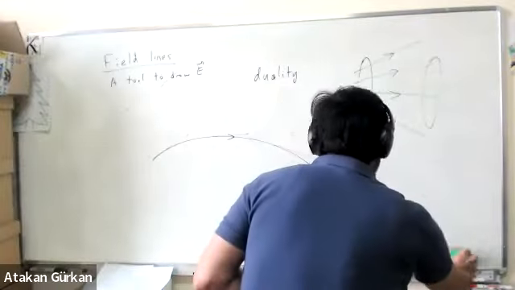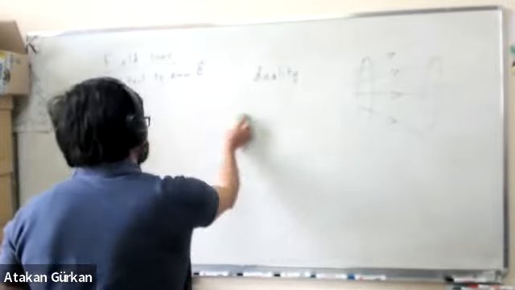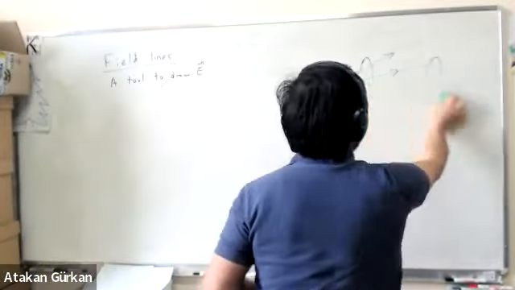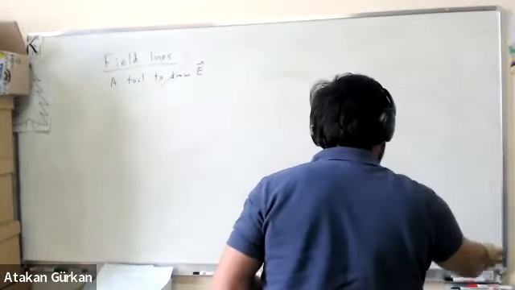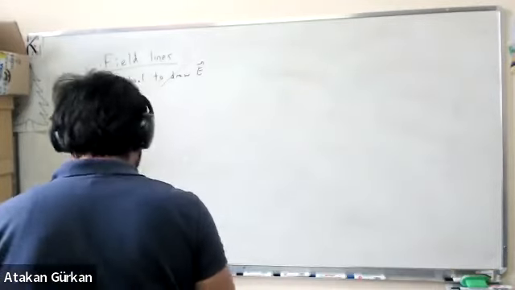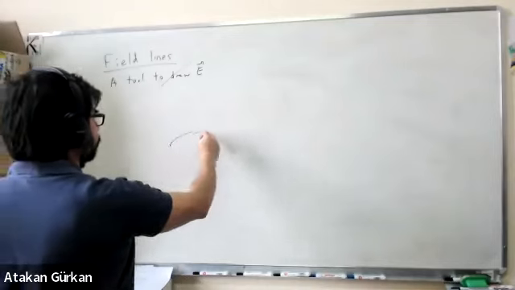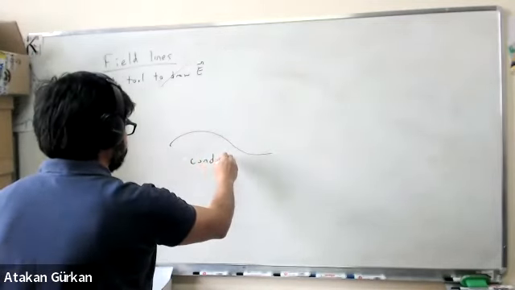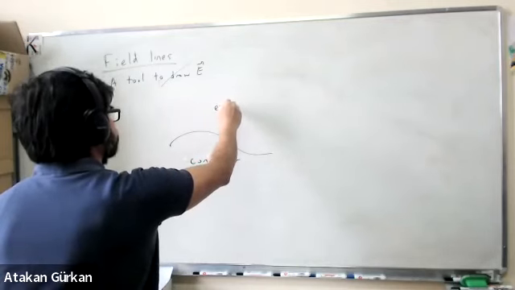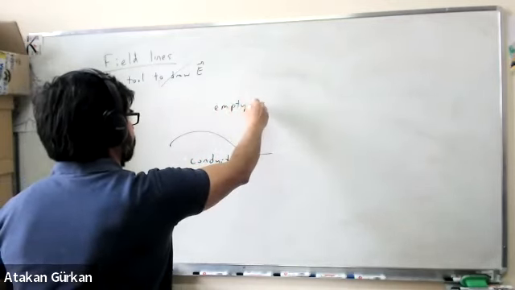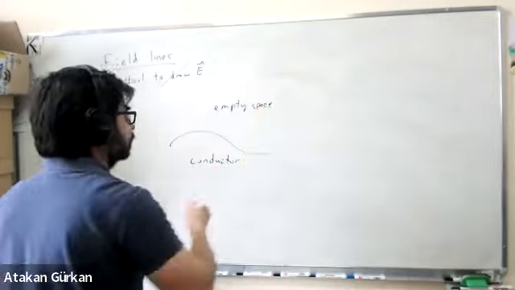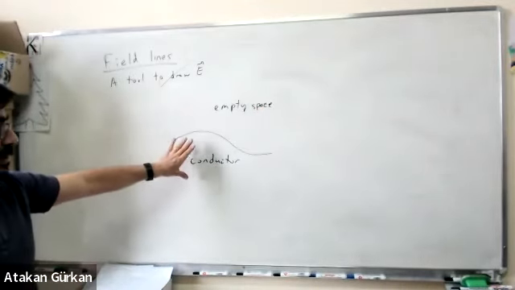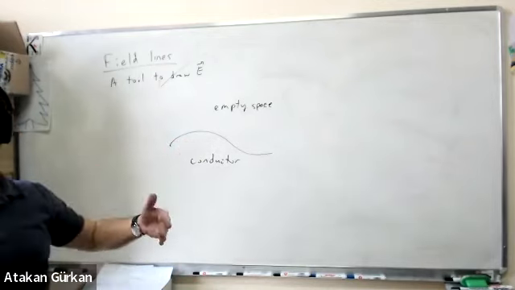All right, now these field lines are easy to work with, certainly in a lot of situations, much easier than the vectors themselves. And we're going to use them to look at how the electric field will behave close to a conductor. Conductor, and this is going to be my empty space. So remember, our conductors are ideal conductors, and they have charges inside them, and they are free to move.